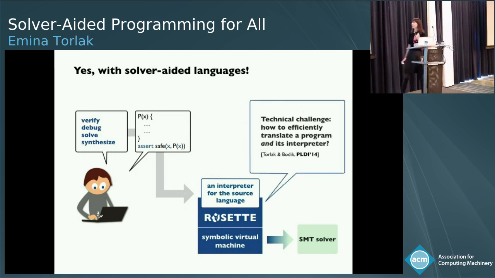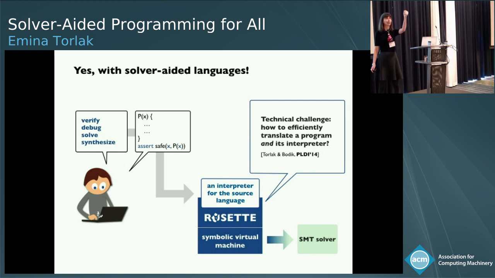The hard technical challenge that Rosette addresses is actually how to do this reduction efficiently. Because I just told you it's really difficult to build a compiler for a single programming language, right? It takes programs in that language and translates them to constraints. Rosette is promising to solve an even harder problem. It is trying to translate a composition of your program and an interpreter for your programming language down to constraints for you.